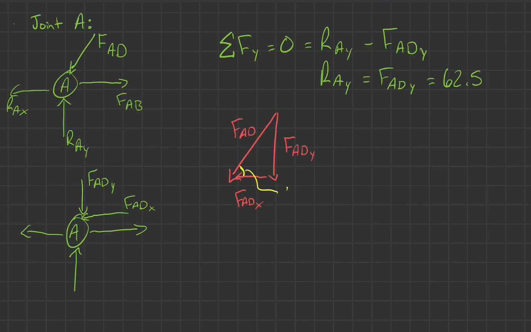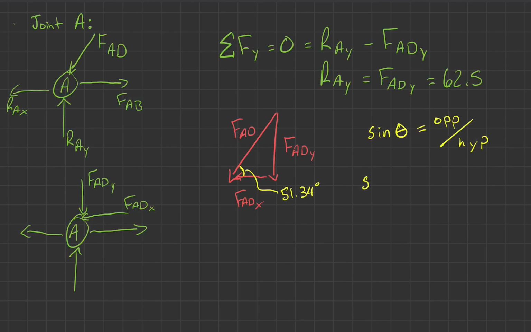This angle is equal to 51.34 degrees. So if we have FADY, that's the opposite of our angle here, so we're going to use sine. Sine of theta is equal to opposite over hypotenuse, and we're looking for FAD, which is our hypotenuse. So this is going to work out great.